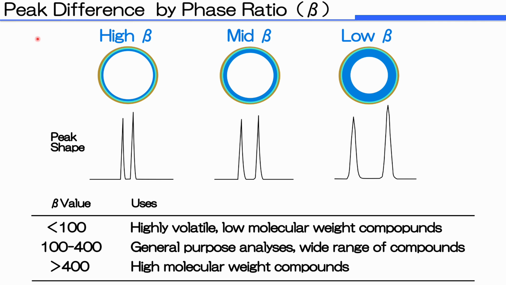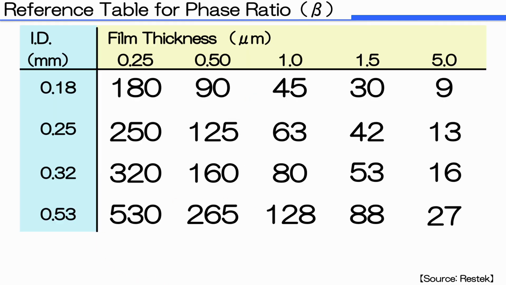This slide shows a difference in peaks for different phase ratios. You can tell that the peak shapes or the retention are different. The table below summarizes the phase ratio as one indicator for analytical application and purpose. This is a reference table for phase ratio beta.